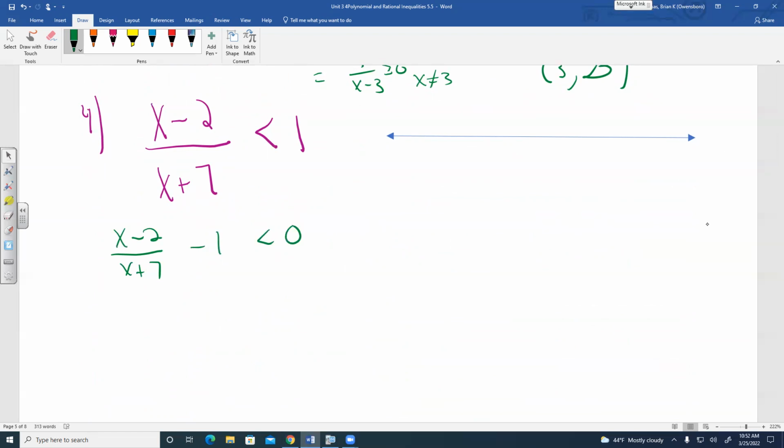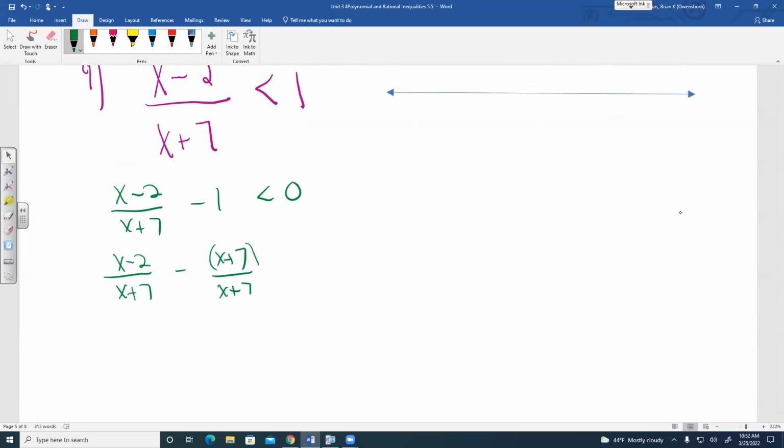Again, we need to make this a rational function, so I need to get a common denominator. Since x plus 7 is the only denominator, all I got to do is really just rename the 1. So x minus 2 over x plus 7, and just make the 1 x plus 7 over x plus 7. Again, since there's subtraction, I got to remember that the subtraction sign has to go through both pieces there.